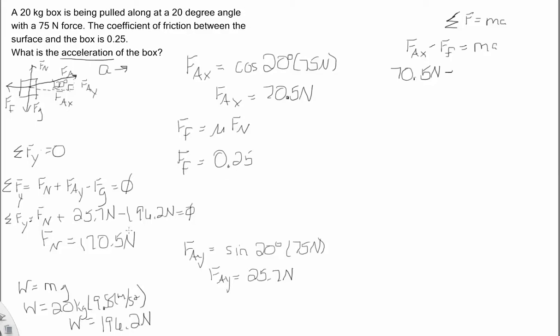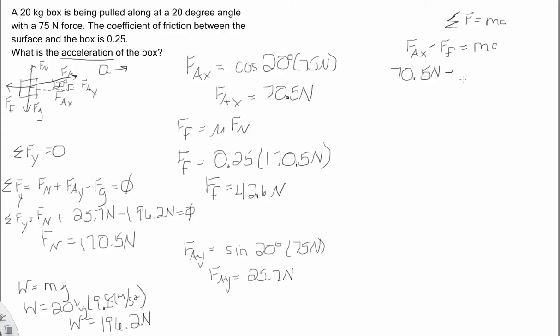There's my normal force. I'm going to plug it into my frictional force equation, with 170.5 newtons, and my frictional force ends up being 42.63, I'll just say 42.6 newtons.